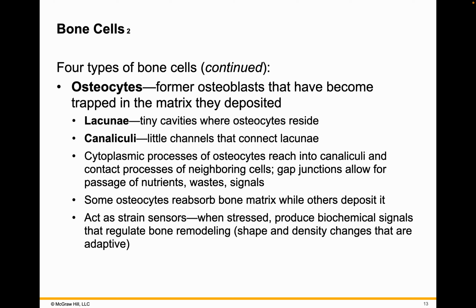There may be gap junctions which allow for the passage of nutrients, wastes, and signals. Some osteocytes reabsorb bone matrix, others are depositing in it. They are acting as strain sensors, so when a bone is stressed, it produces biochemical signals that help remodel, reshape the bone to make that shape and density adaptive to the stresses that it's under.